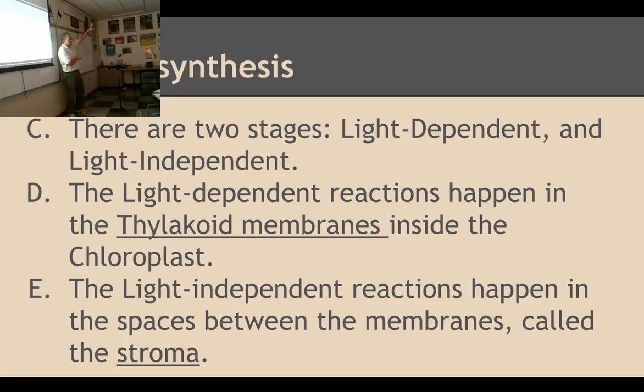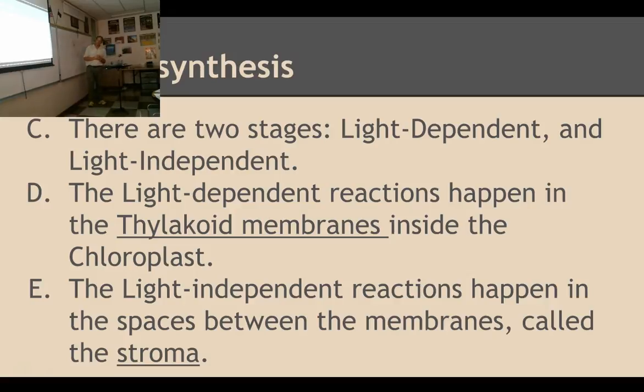Sunlight comes from the sun, through outer space, through our atmosphere, through the clear layers of the leaf, and strikes the thylakoid membrane in the chloroplast in the plant cell. And the thylakoid membrane gets all excited by the sunlight and does the job of the light-dependent reaction.